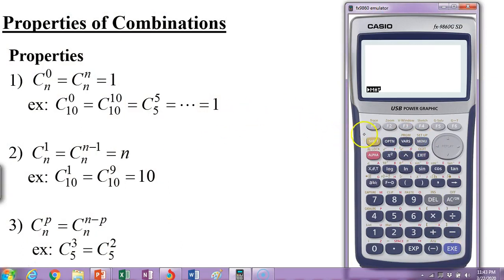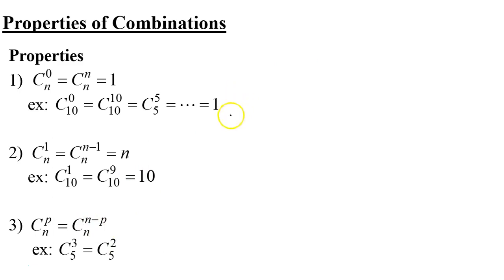So over here, if we go to options, proba, so that's 5C3, that's 10, and 5C2, that's also 10, and that works for all p smaller than n. So we could in fact prove this. So this is over here for property 3.